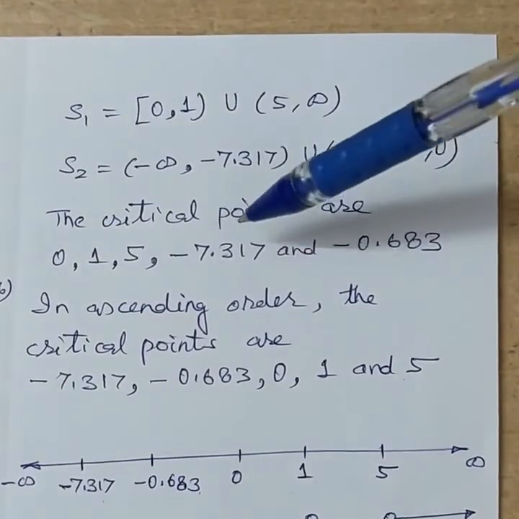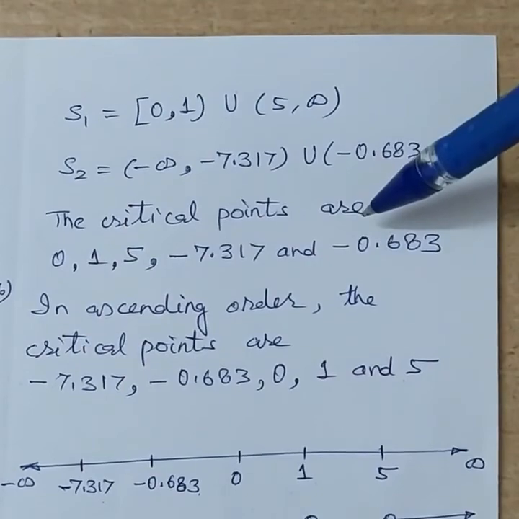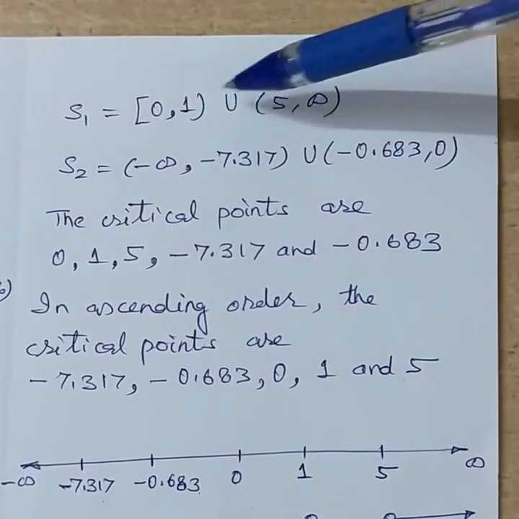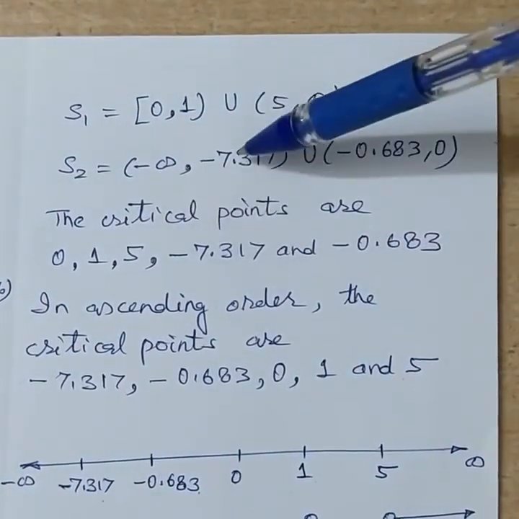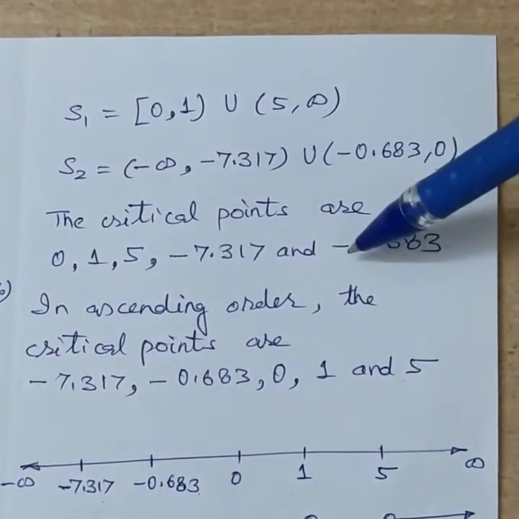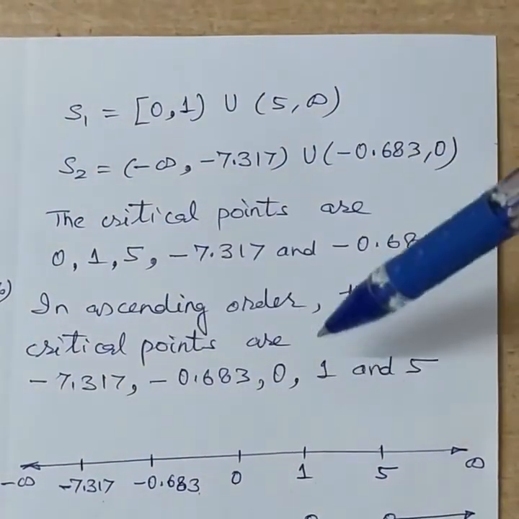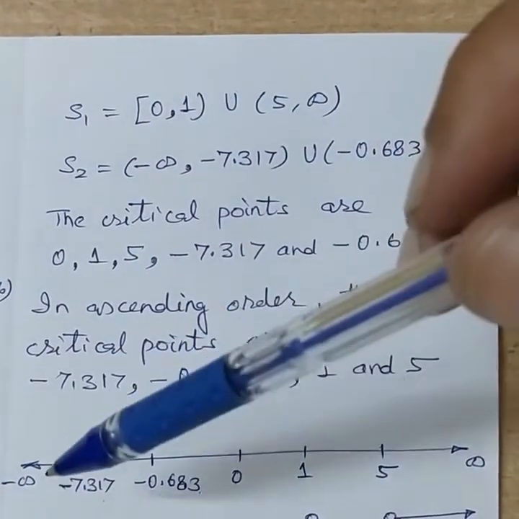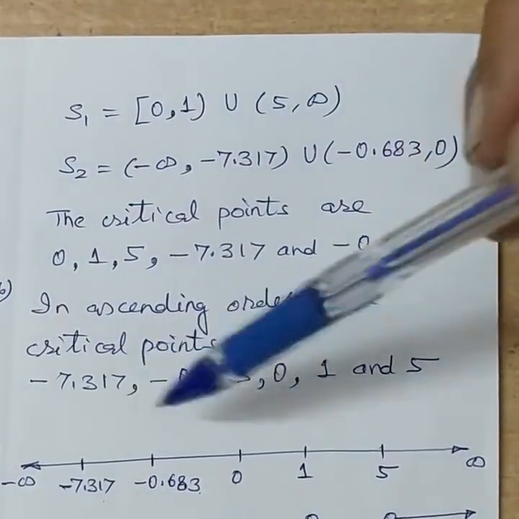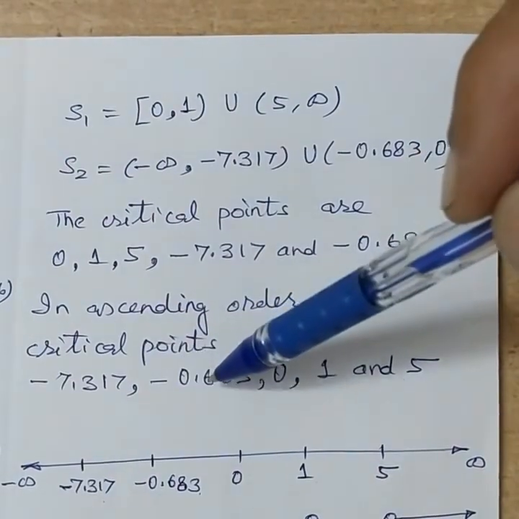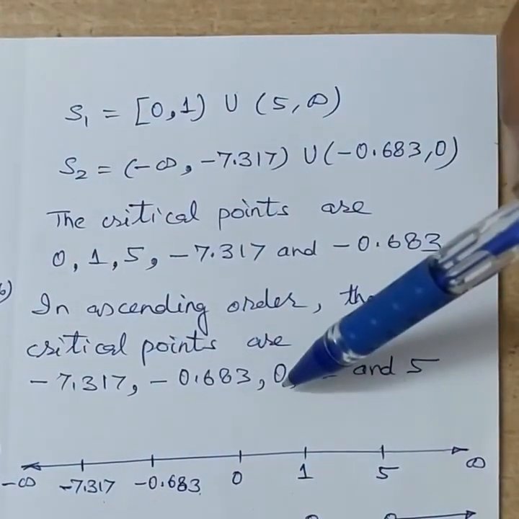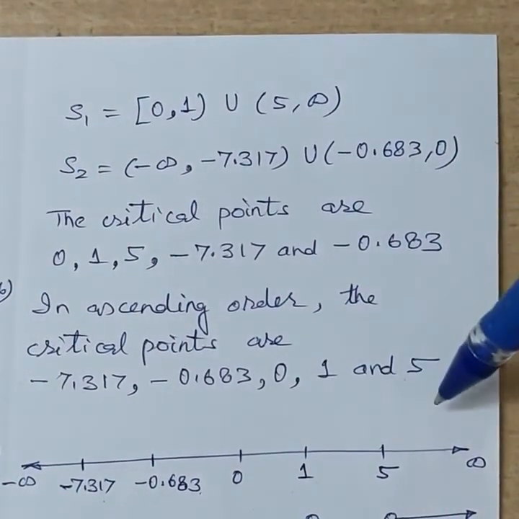The critical points of the sets S1 and S2 are 0, 1, 5, minus 7.317 and minus 0.683. In ascending order, these critical points are minus 7.317, minus 0.683, 0, 1 and 5.